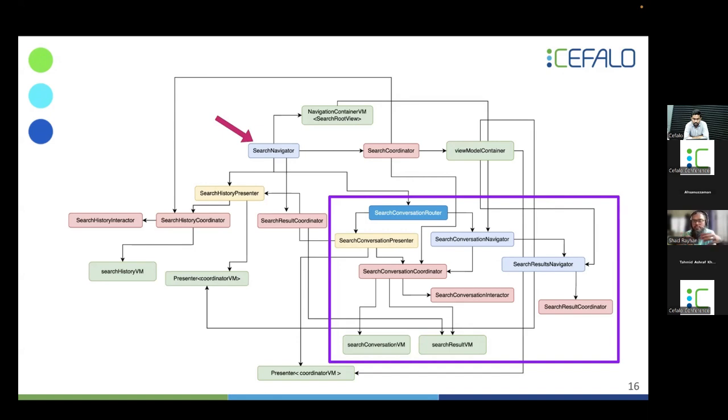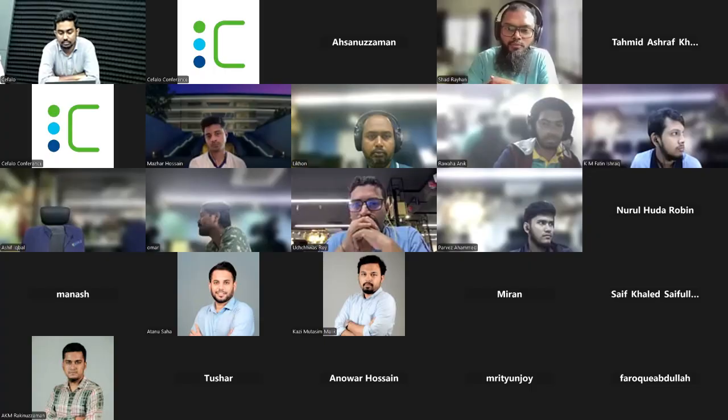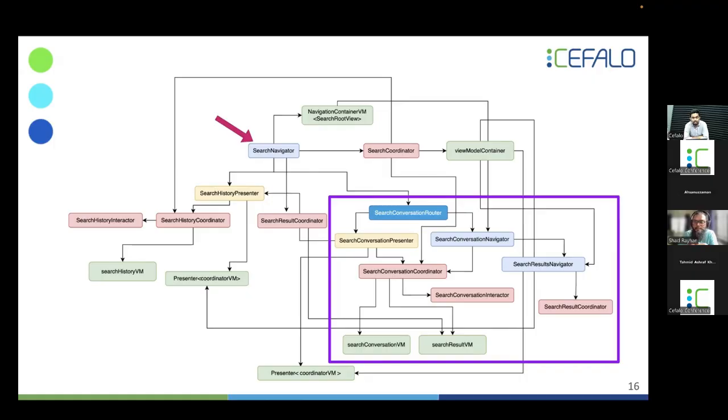So we know that this feature will be used in this part. How do you share this type of complex connectivity between the features or components of the app? Any volunteer to share? If you don't use UML, how do you share this kind of complex dependency with the team?